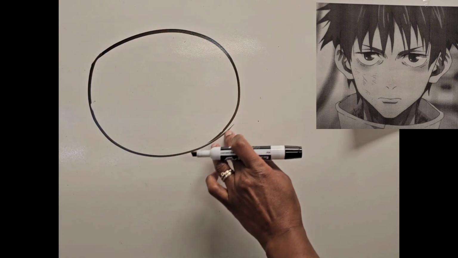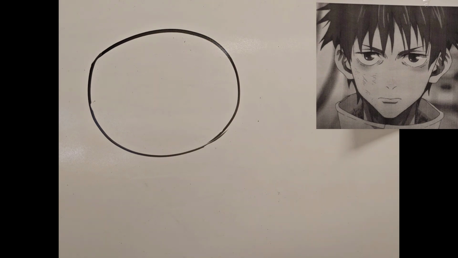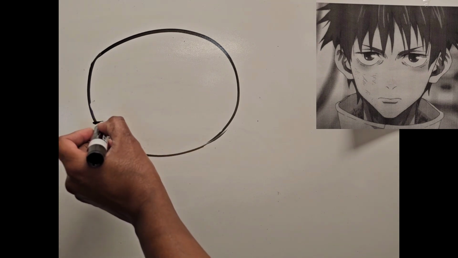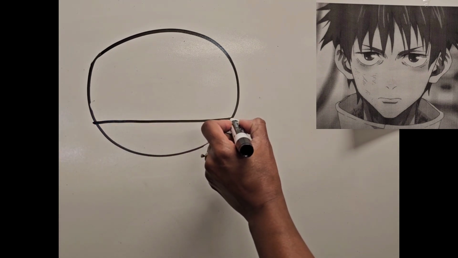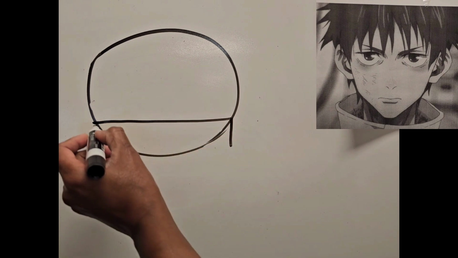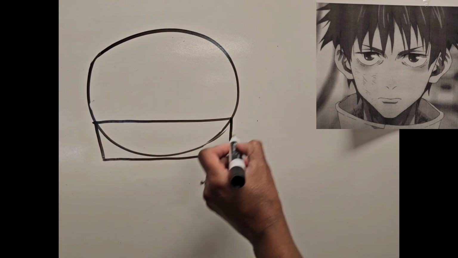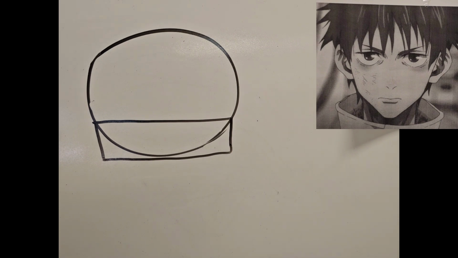All right. So the next thing is the midsection of his face, I see a square, and I'm going to put it right in here. Not a square, I'm sorry, a rectangle. I'm going to put that rectangle right here. Okay, hopefully my lines are straight.